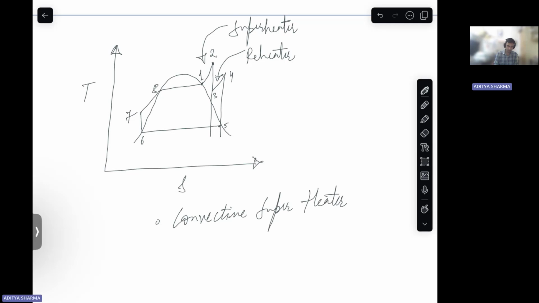So first is your convective superheater. So as the name suggests, through means of convection, the heating takes place. Okay.